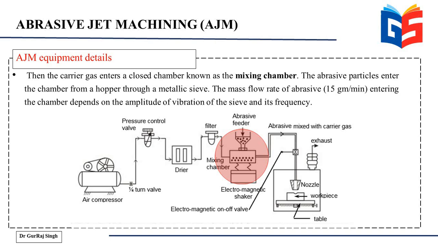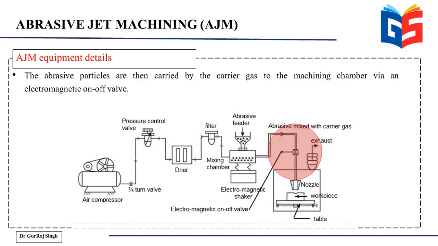And the mass flow rate of abrasives can vary depending upon the type of process that you're performing, but it's generally in the range of 15 grams per minute. And it depends upon the amplitude of vibration of the sieve as well as its frequency.